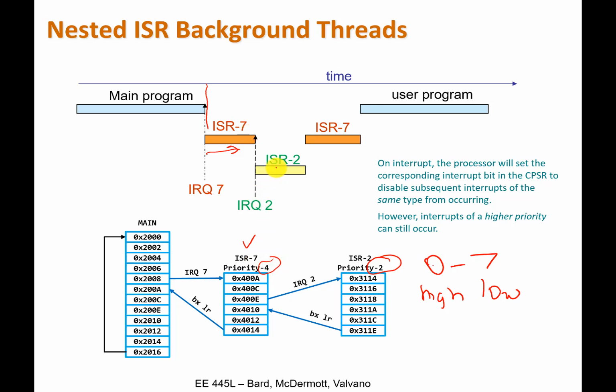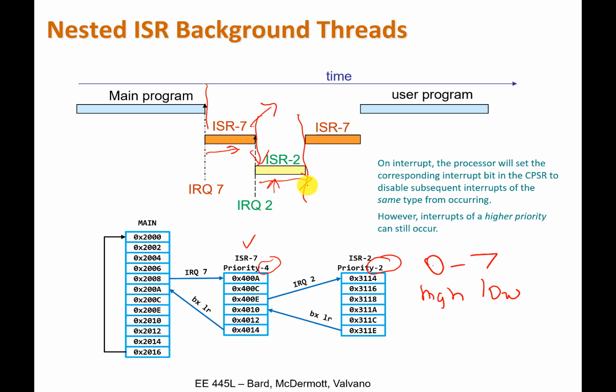But before that interrupt service is done, we trigger an interrupt 2, which has a priority of 2, which is higher than 4. So it will push the 8 registers on the stack, suspend that interrupt service routine, launch this higher priority one, and it will run uninterrupted because it's the highest priority on our system.